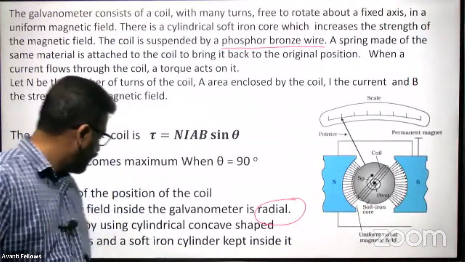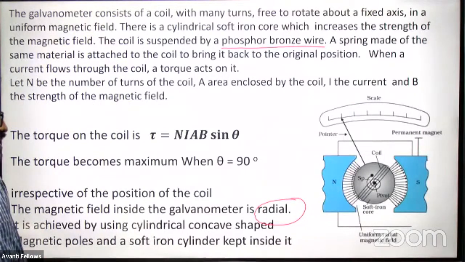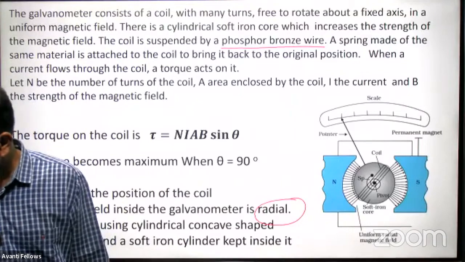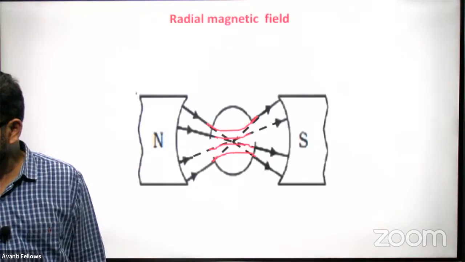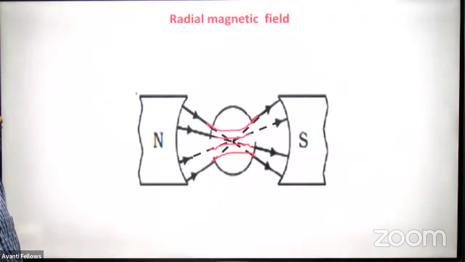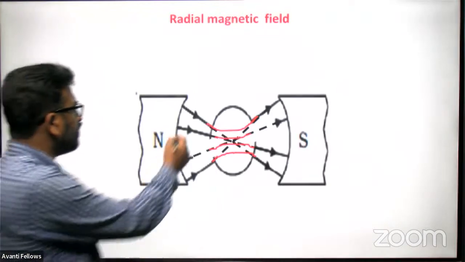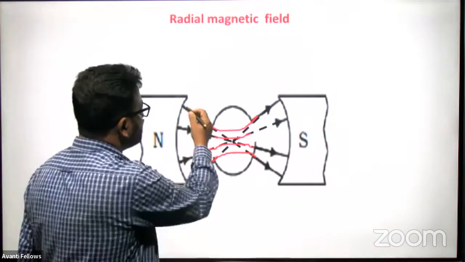Magnetic poles and a soft iron cylinder are kept inside it. See, this is the radial magnetic field. If we keep the shape like this, it becomes radial.